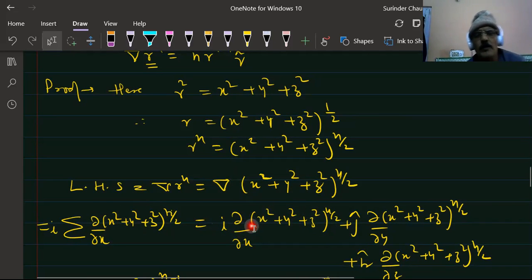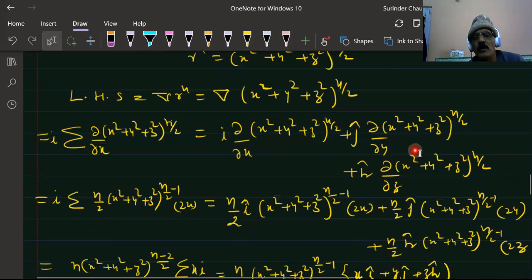So this is equal to i del by del x of this to the power n, j del by del y of the same, k del by del z of the same. If we take the first component, the same applies here. So we are finding all three components here. Summation means we have three components, so we can write it in a similar way. I am explaining this step here.